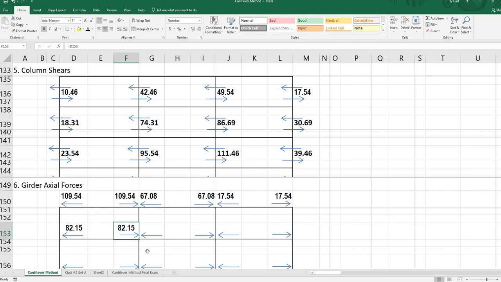Next, dito naman, so this is equal to 82.15. It is positive kasi directed towards the right. And then, si 42.46 minus yan. And then, si 74.31 positive. Okay? 114. I will unhide. Oops, bakit 50.31? Let me check.